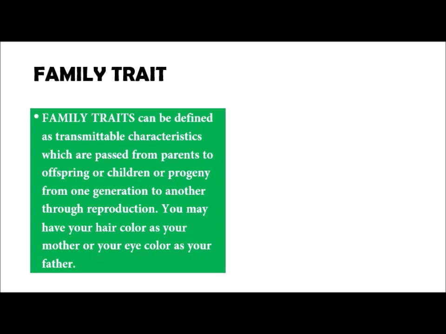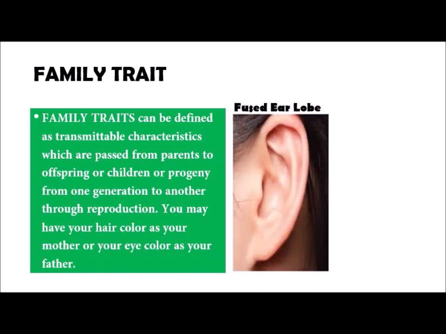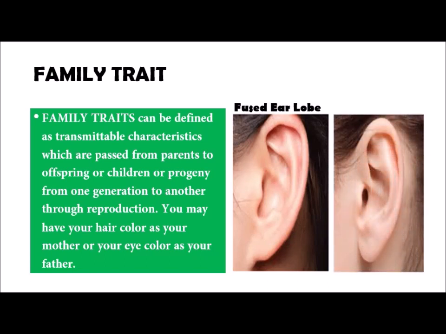You may have your hair color as your mother or your eye color as your father. Now let us look at this image. It's an example of a fused ear lobe, and the other image is an example of a free earlobe. These are characters that can be transmitted from parents to their offspring.